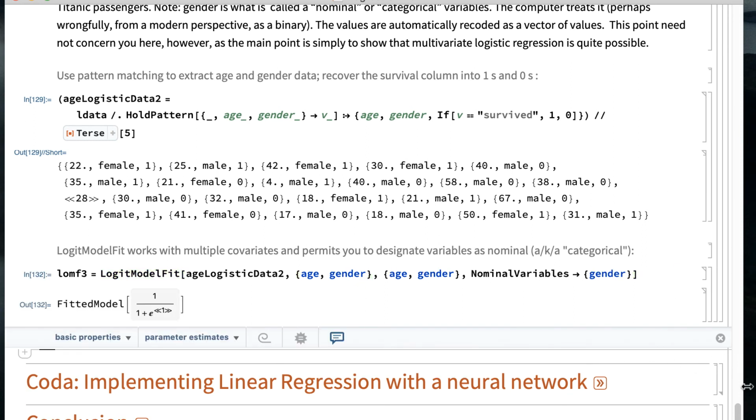This concludes, you will be happy to know, the required viewing on regression. There is a little extra segment that I've put together on how to think about linear regression as being a form of neural network. If you're interested in neural networks, please feel free to watch.